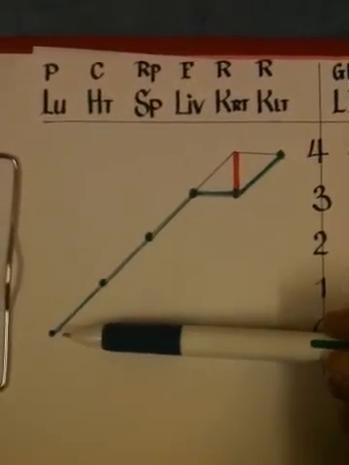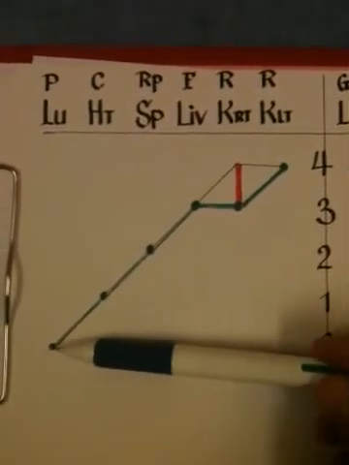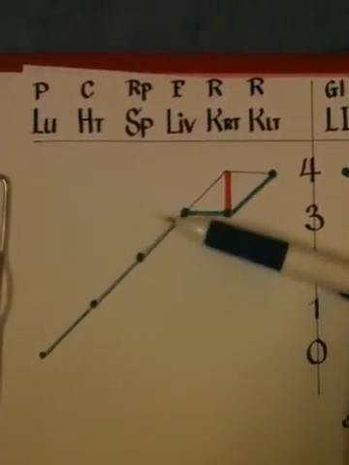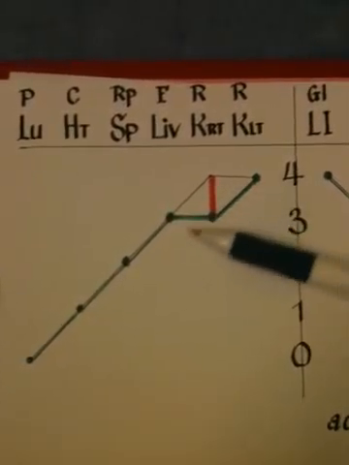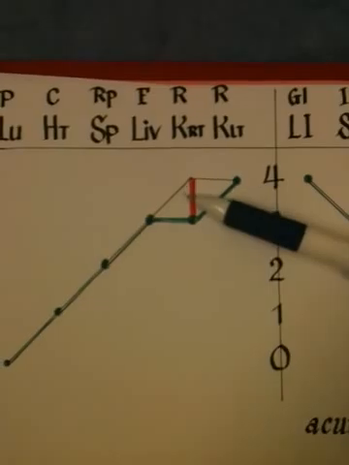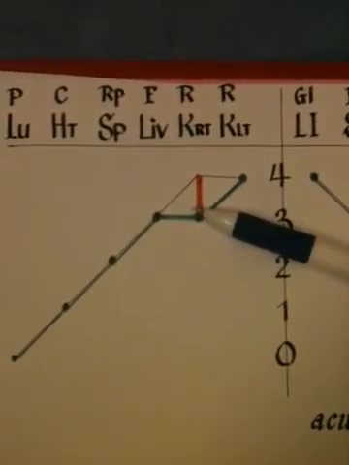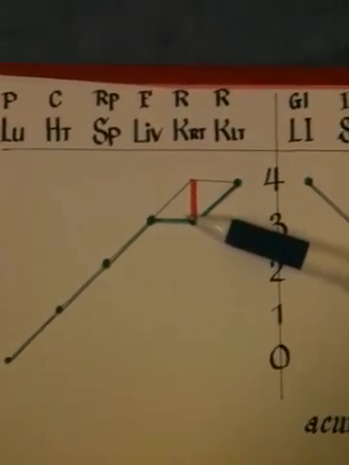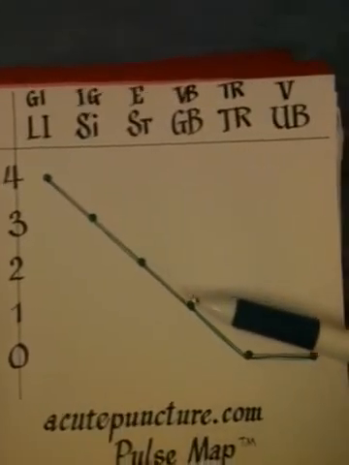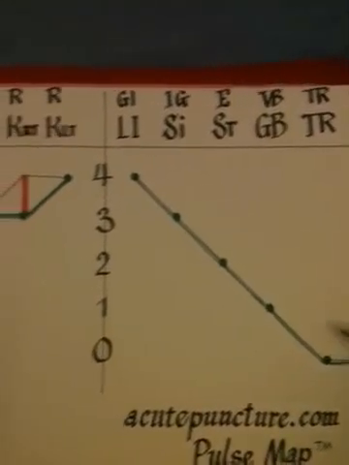So despite so many complaints, the depth of this patient's pulses is exactly where it should be, except the right kidney, which shows a deficiency of the essential qi. Here we have the yang organs, which are also exactly where they should be.